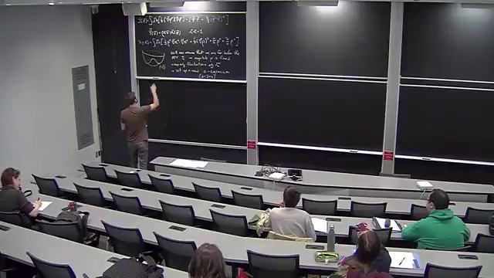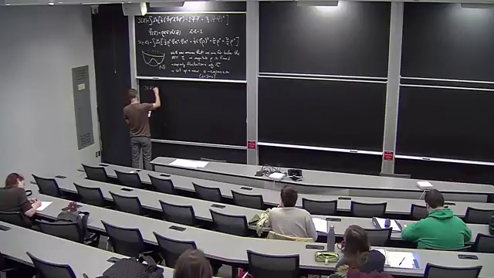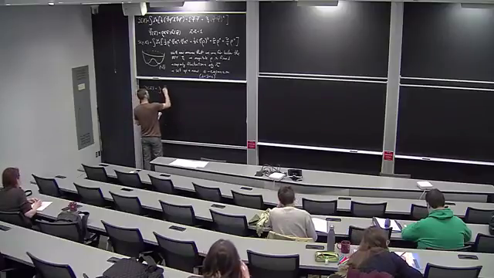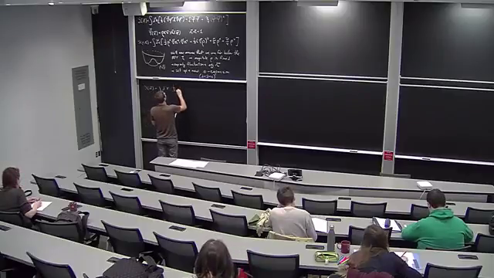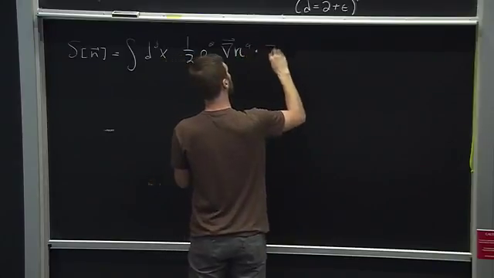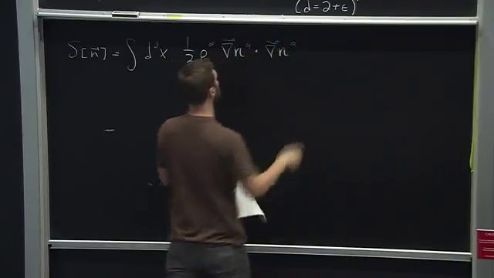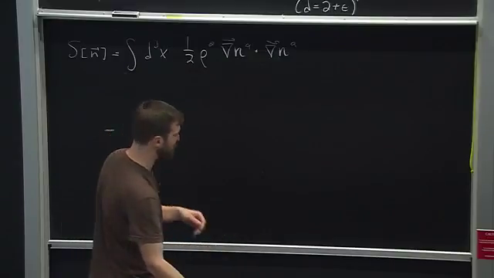So we take our action, we rewrite it just in terms of the unit vector. What do we got? 1/2 rho. Seems easy, right?